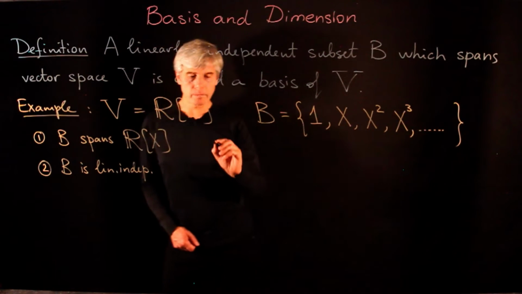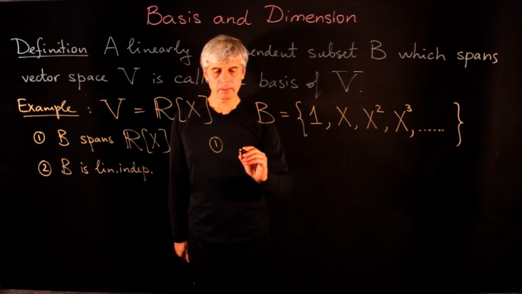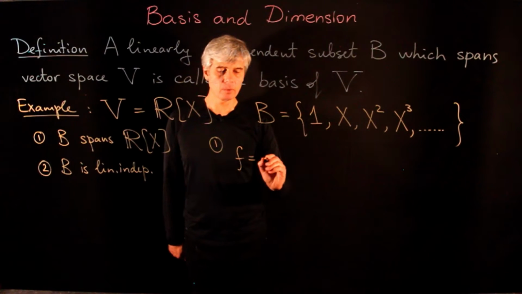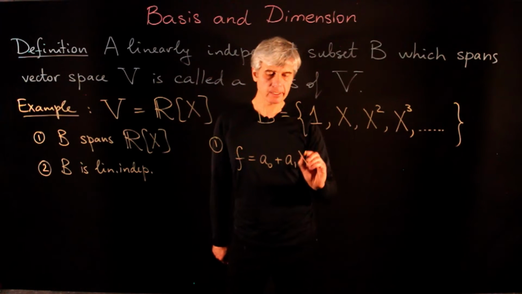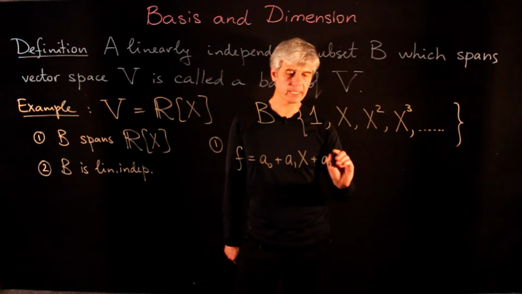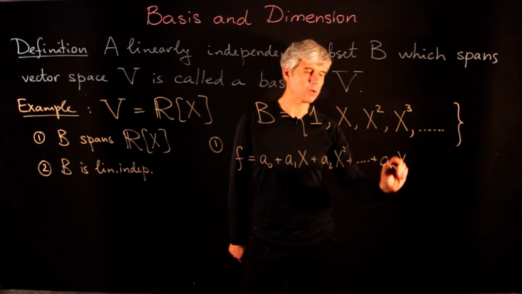We start with one, and we take a polynomial f, which is a0 plus a1 x plus a2 x squared plus up to an x to the power n.